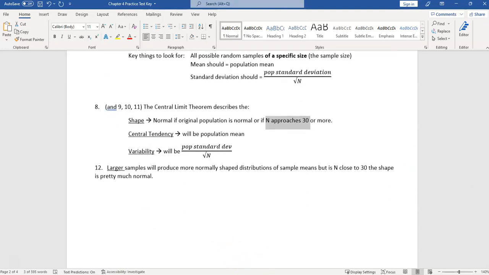And larger samples will produce a more normally shaped distribution than smaller samples. That's 12, and then 13. The standard error is a measure of sampling error.